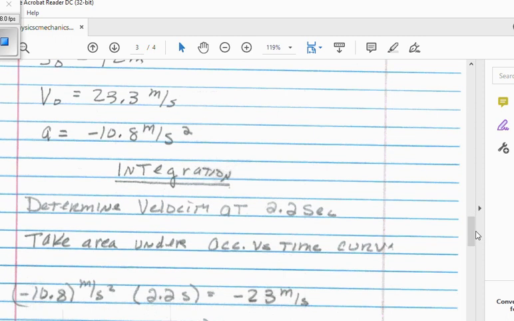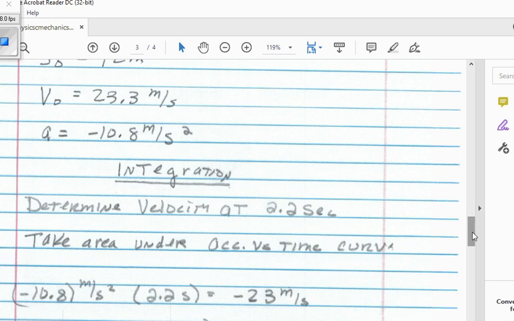The area under the curve would be negative 10.8 meters per second squared, that's our constant acceleration value, multiplied by 2.2 seconds. And we see that in meters per second squared, 1 second crosses off the second squared, and we're left with negative 23 meters per second. Now that's the total velocity change during the time interval from 0 to 2.2 seconds.